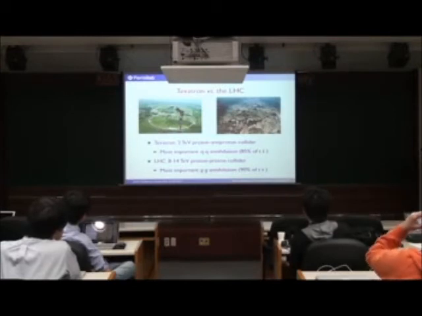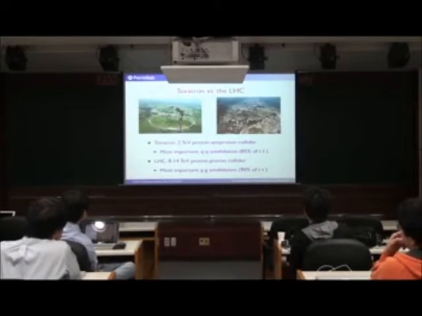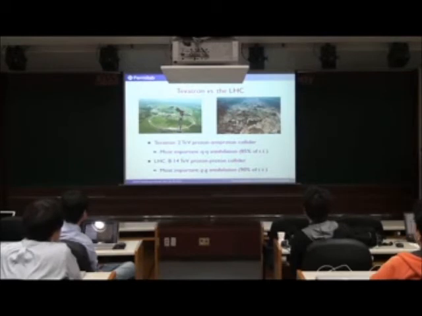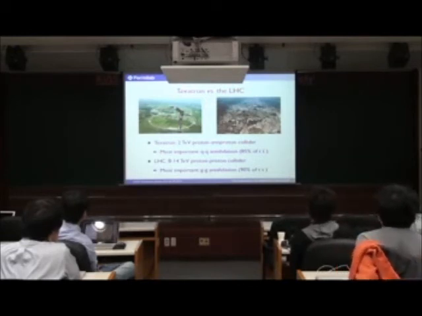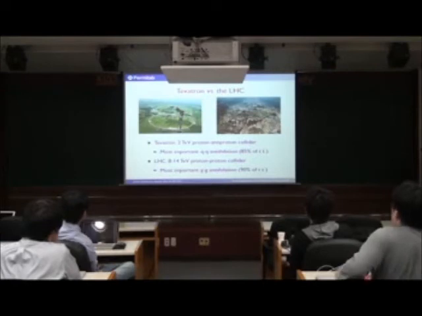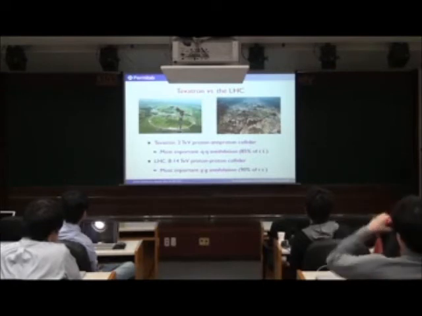In a proton-antiproton collider, the most important is q qbar annihilation. For tt-bar production, this is 85% of the cross-section. At the LHC, we have protons colliding on protons, so q qbar annihilation is not as important. The most important thing is actually gluon annihilation. So this is 90% of tt-bar at the LHC.